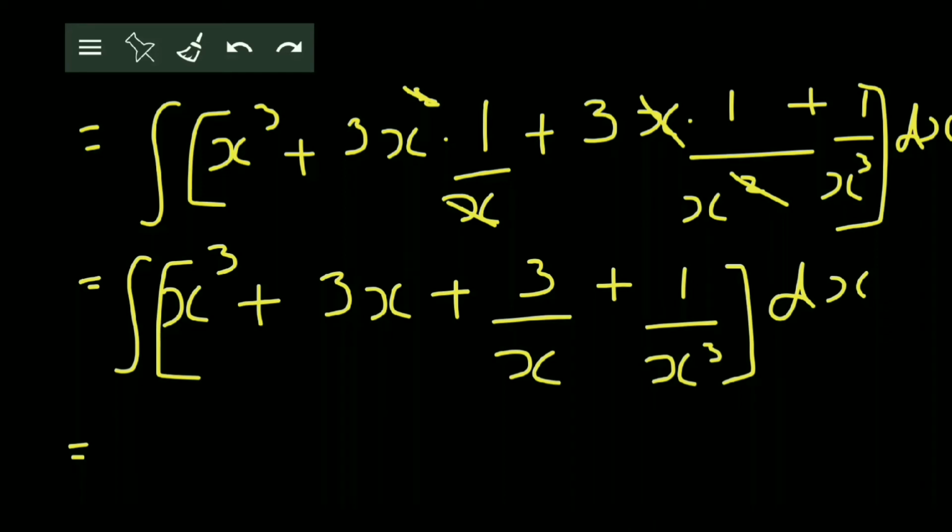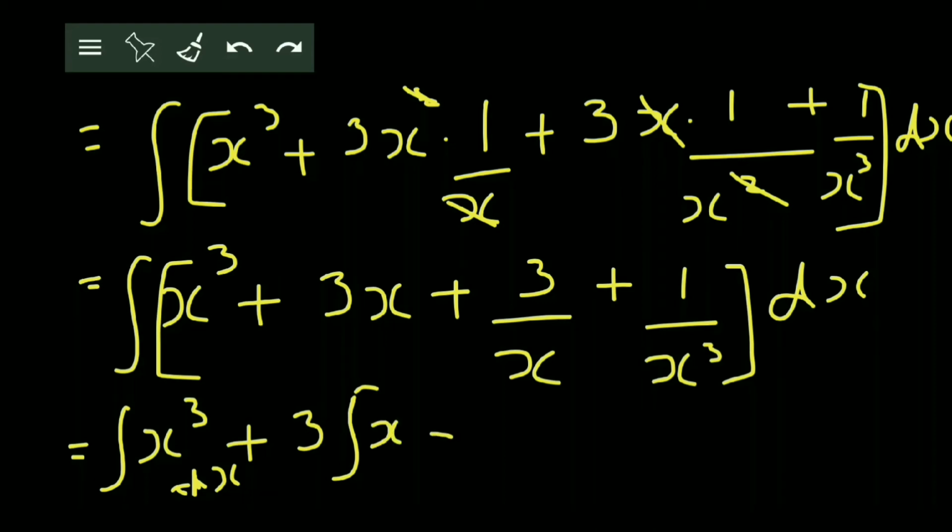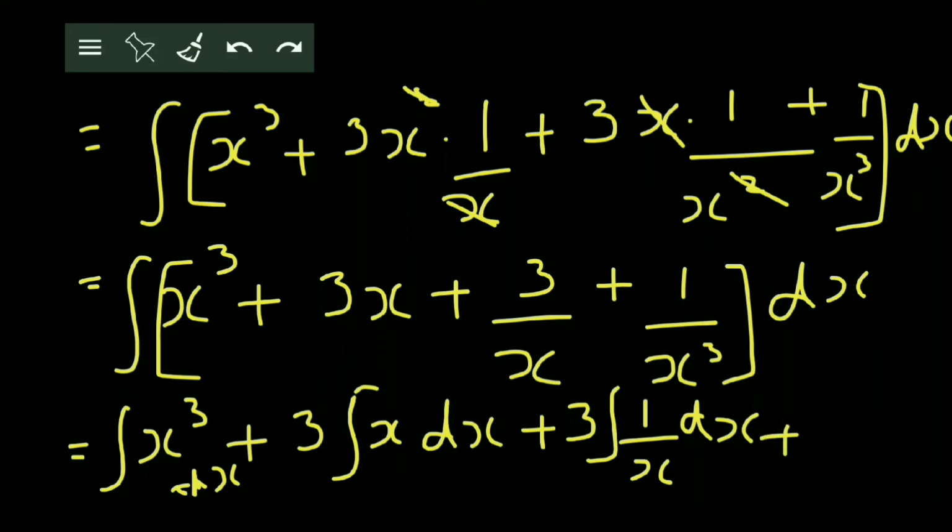So when we separate, we get integral of x cube dx plus, let us put 3 outside the integral, which is a constant anyway, 3x dx. Let us put 3 outside and write 1 upon x dx plus 1 upon x cube. For the sake of solving, we will write it as x raised to minus 3 dx, so that we can comfortably use the formula for x raised to n over here.